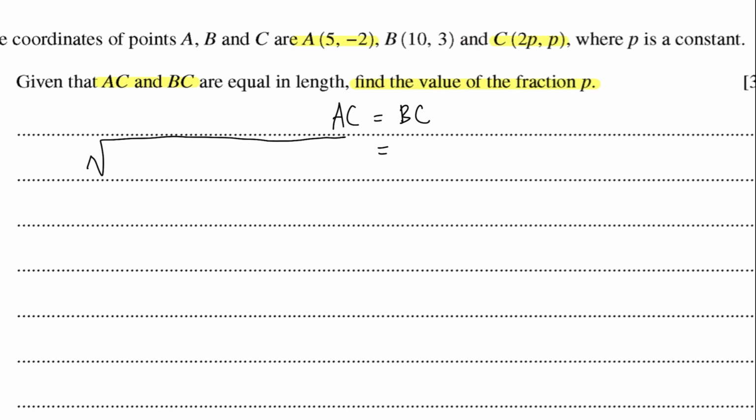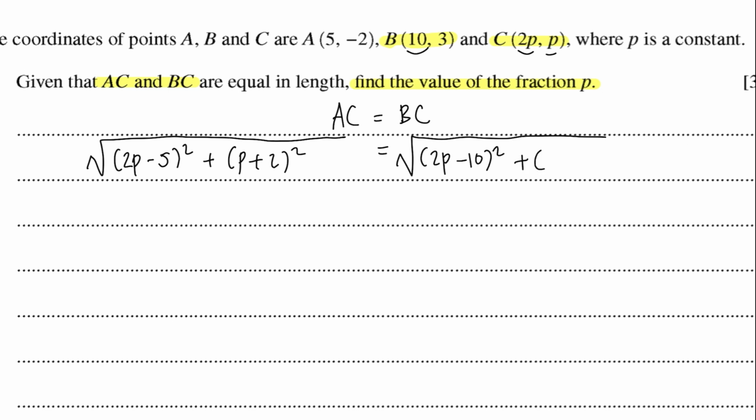So the formula of the distance, we subtract the x, 2p minus 5 squared, plus we subtract the y, p plus 2 squared, equals to, now we focus on B. We subtract the x, we will get 2p minus 10 and we square it, plus p minus 3 squared.